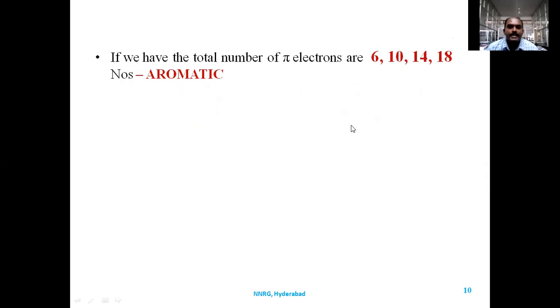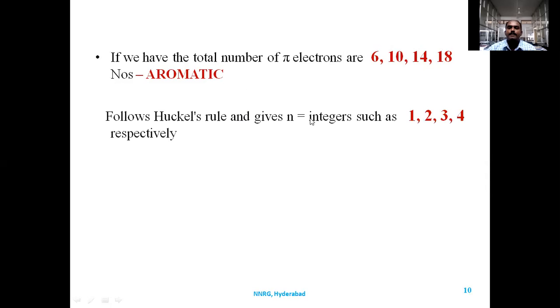If you summarize, if we have a total number of pi electrons in the system that is 6, 10, 14, and 18, then the molecule can be called aromatic. Why? Because when you apply Huckel's rule, we get the integer n equal to 1, 2, 3, 4 respectively. If we have 6 electrons, then n is equal to 1.